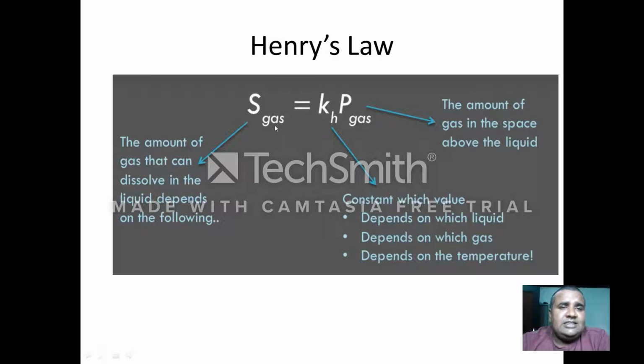Here S is the amount of gas that can dissolve in the liquid, which depends on the following. Number one is the pressure, the amount of gas in the space above the liquid. So this is the pressure of the gas on the surface, and this constant depends on which liquid we have taken, which gas we have taken, and what the temperature is.